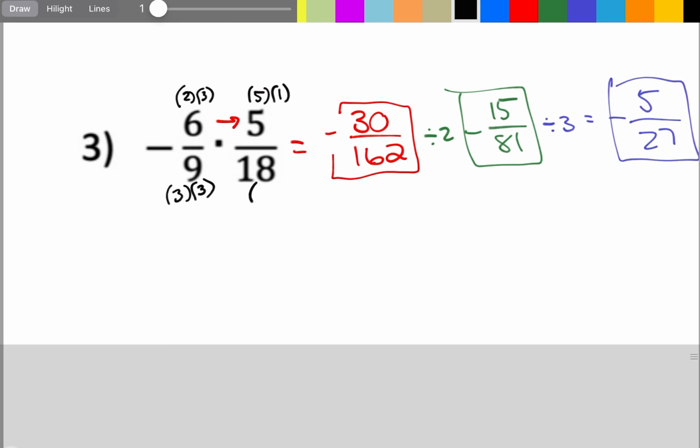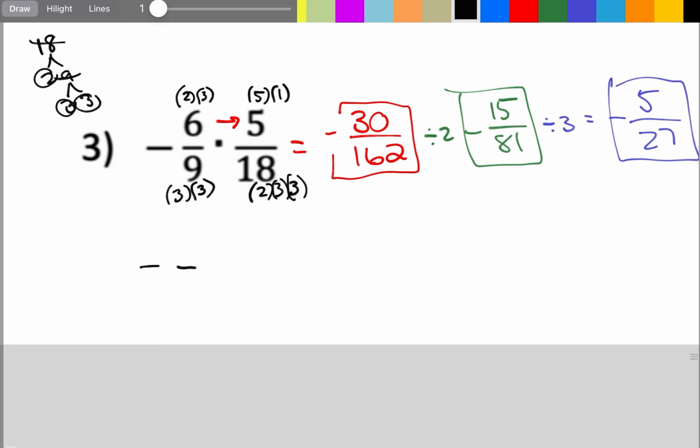And last but not least, 18 is 2, 3, and 3. Literally, 18 is 2 times 9, and 9 is 3 times 3. So 2, 3, and 3 is how we get 18.